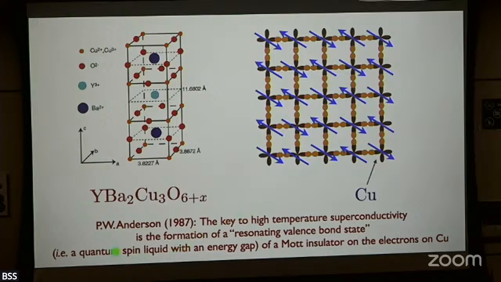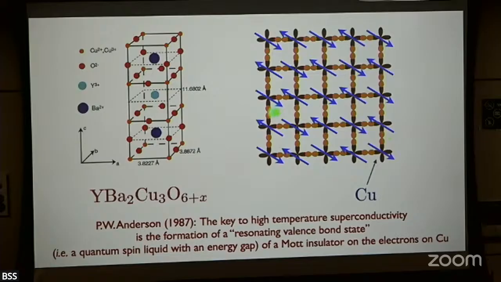Today we'd call it a quantum spin liquid. He was thinking in terms of a quantum spin liquid with an energy gap. At that time, in '87, we didn't even know there was antiferromagnetic order. So he was hoping that even in the insulator, there is this RVB state. That's clearly not the case.